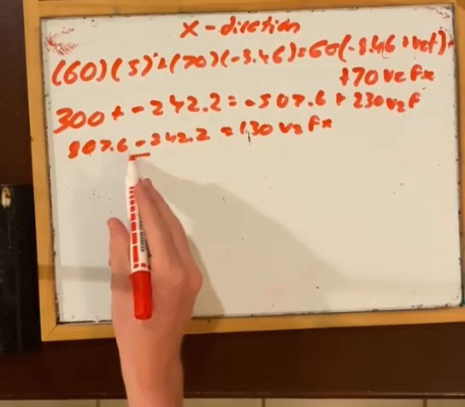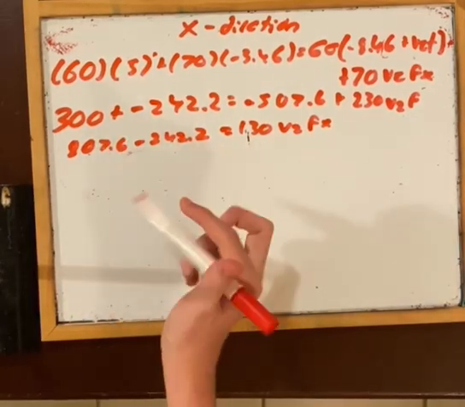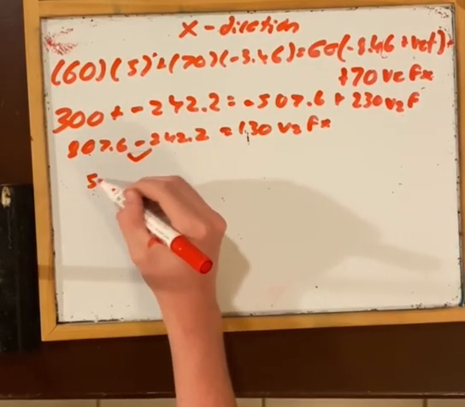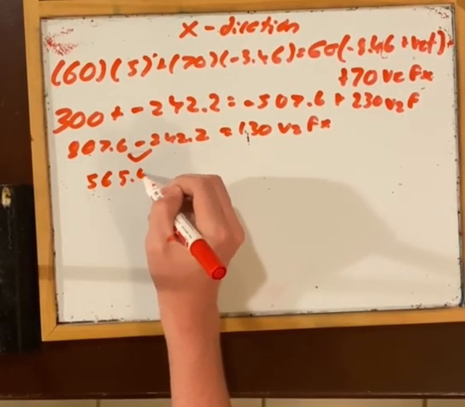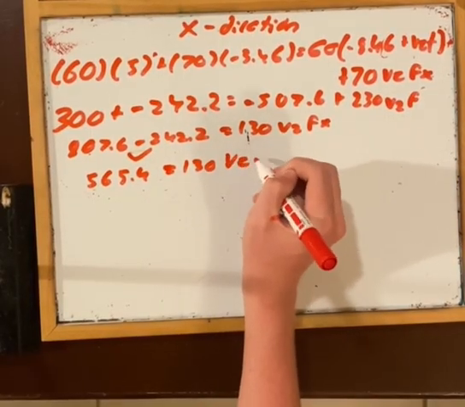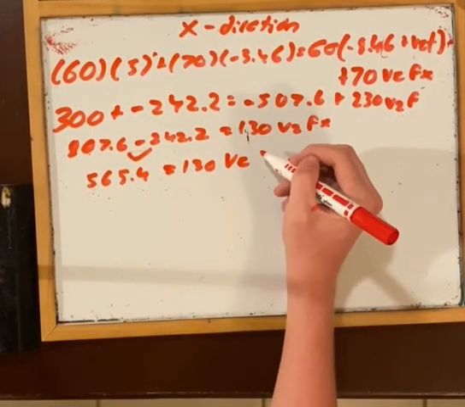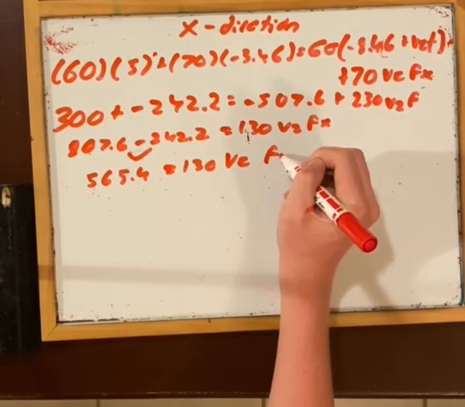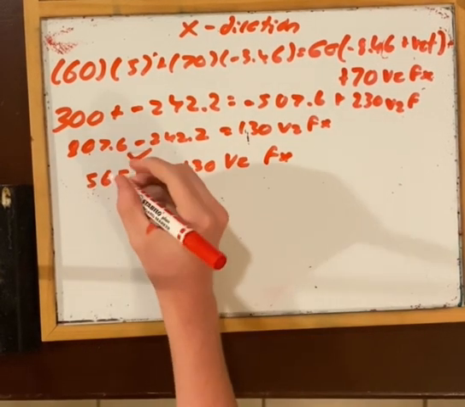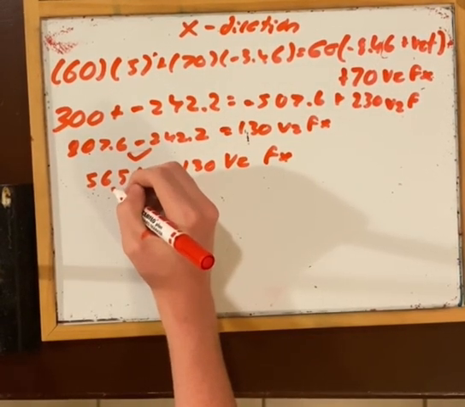Now we get 565.4 equals 130 v2f of x. And now we divide 130.